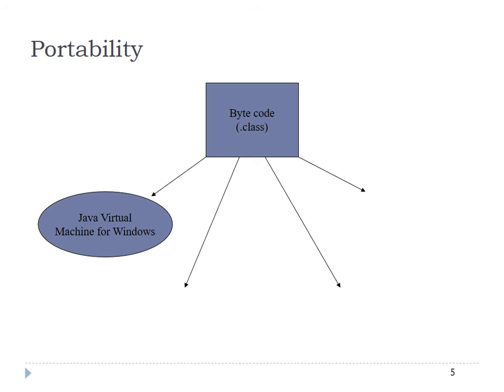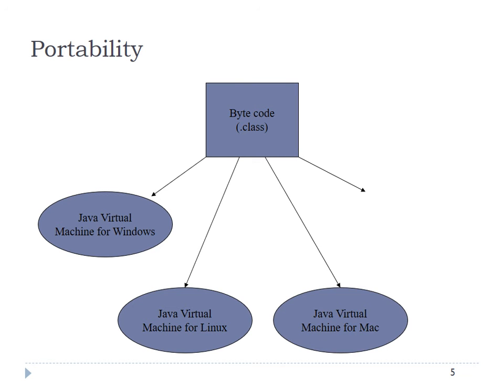So this is your bytecode. This is the idea. It runs on the Java virtual machine for Windows, for Linux, for Mac, and for Unix, for all the others. As a matter of fact, Android. Do you guys know how Android is running? How do you code for Android programs? Actually, Java.